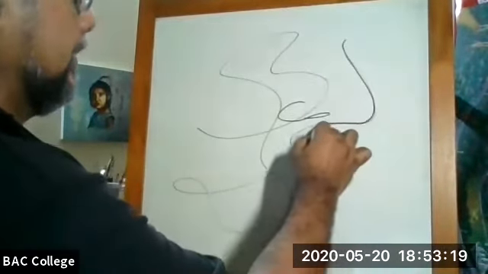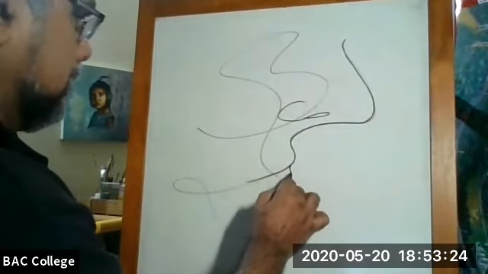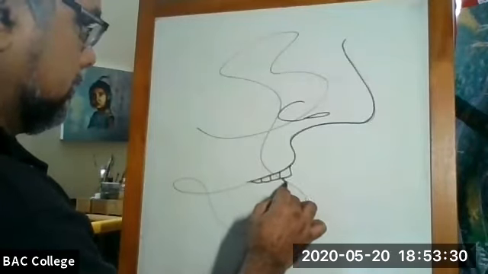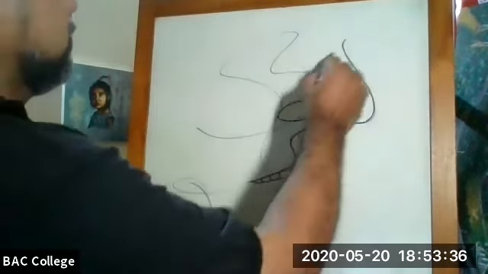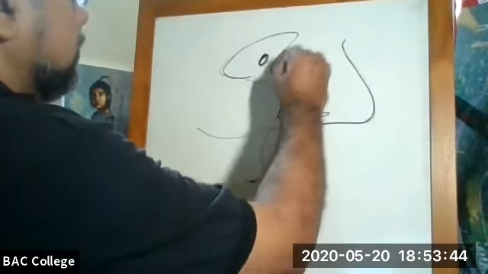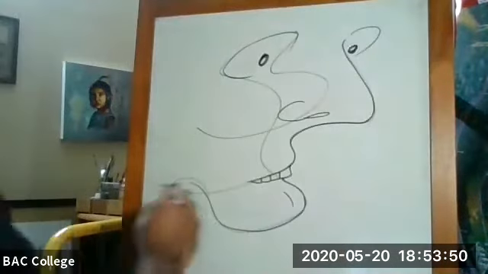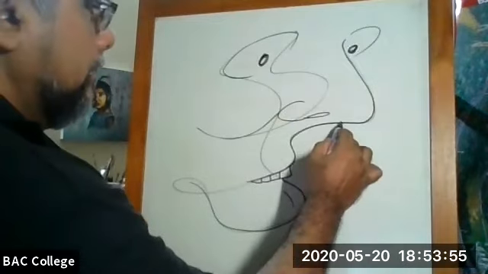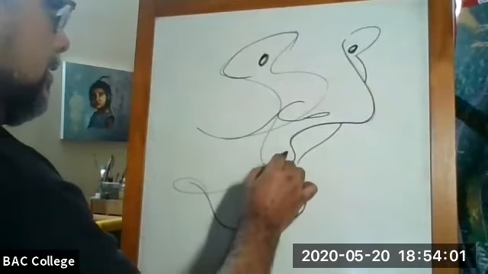I'm going to use every line here possible. Can you see how I use every line that is given in the scribble to get my picture, right?